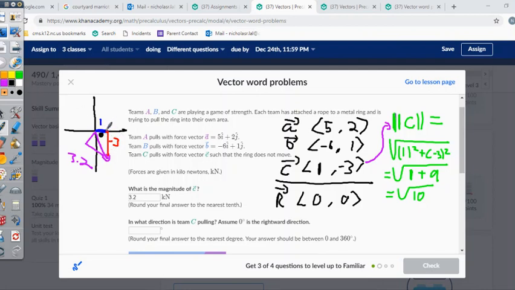And to find this angle, we can find the inverse tangent. So theta is going to be equal to the inverse tangent of the opposite, which is going to be negative 3, over the adjacent, which is going to be 1.